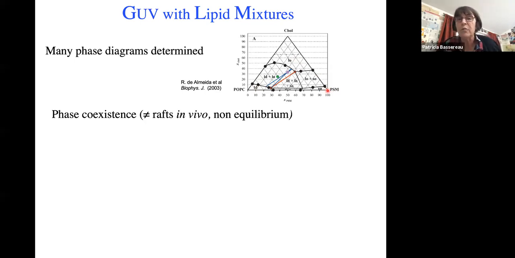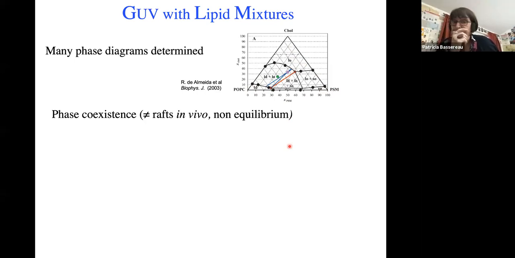So people have been working a lot to determine the phase diagram depending on the lipid mixture they have been using. And there was also a lot of discussion, because at the same time in biology, people have found out that there are also nanoclusters, nanodomains in the cellular membrane.